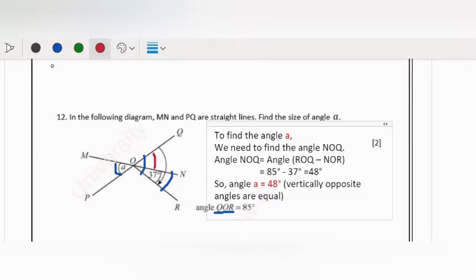So from the bigger angle, I am subtracting this angle now, and we will get the answer, that is NOQ. So 85 minus 37 is 48 degree. We get this angle as 48 degree.